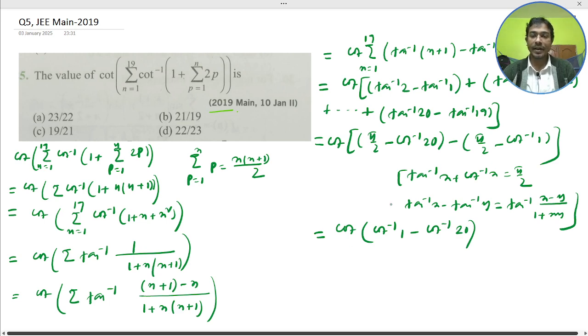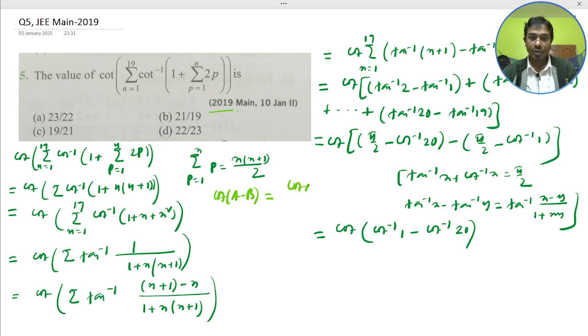because we just apply here the formula, I just write in another pen, that cot of a minus b equals cot a cot b plus 1 divided by cot b minus cot a.